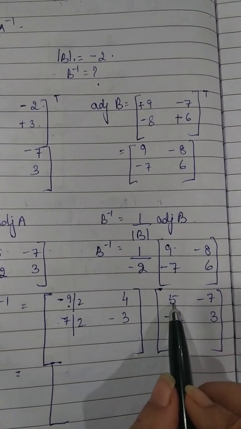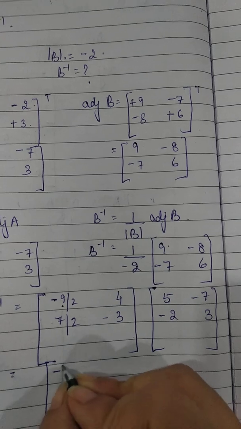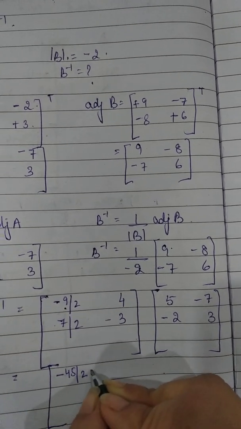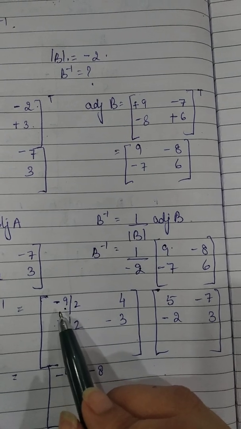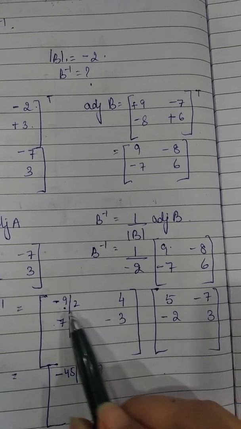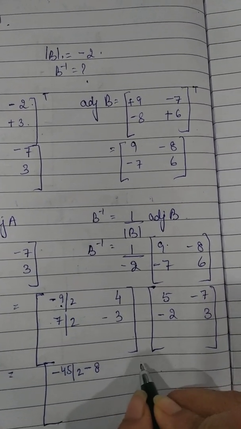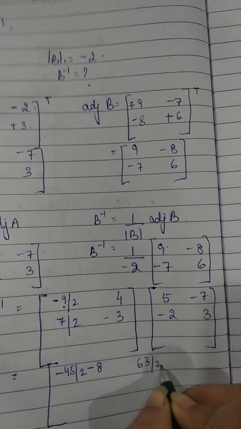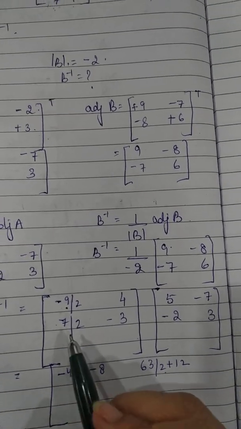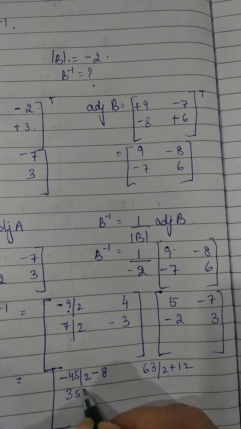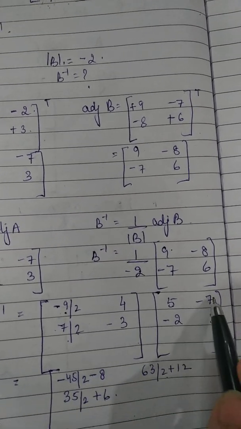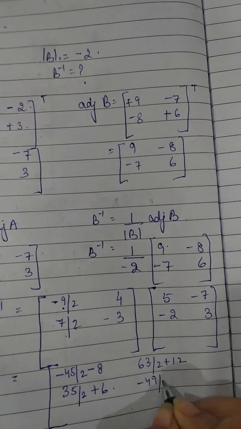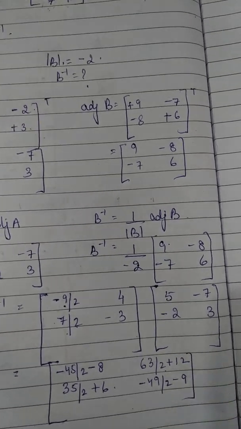Minus 9 by 2 into 5 is minus 45 by 2, minus 8. Likewise, minus 9 by 2 into minus 7 is 63 by 2 plus 12. Likewise, we have 35 by 2 plus 6, and here we have minus 49 by 2 minus 9.